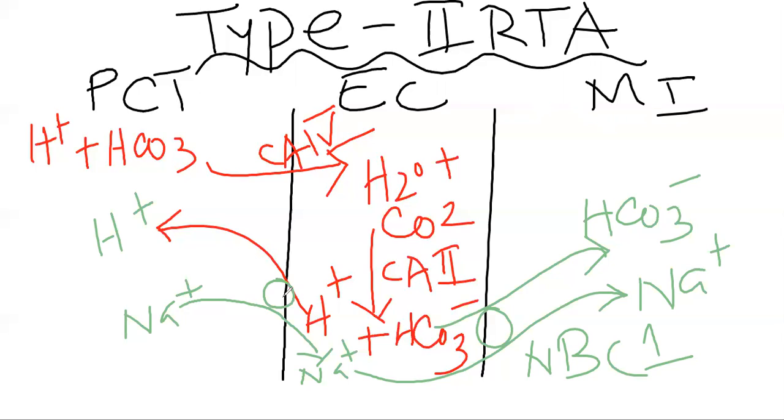Now, where does the problem remain? The problem will be mainly due to mutation of this pump. If there is mutation of this sodium bicarbonate co-transporter, or of the carbonic anhydrase type 4 enzyme, then type 2 renal tubular acidosis will occur.